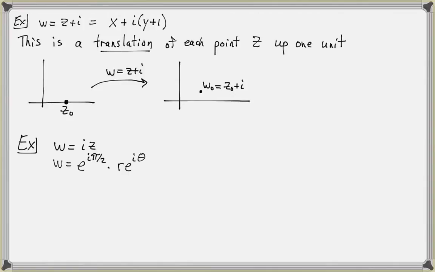Then multiplying by i, we see, is going to result in a rotation, because when we combine theta and pi over 2, we get r e to the i times theta plus pi over 2. And we see that the original point z gets rotated in the counterclockwise direction by pi over 2 radians.